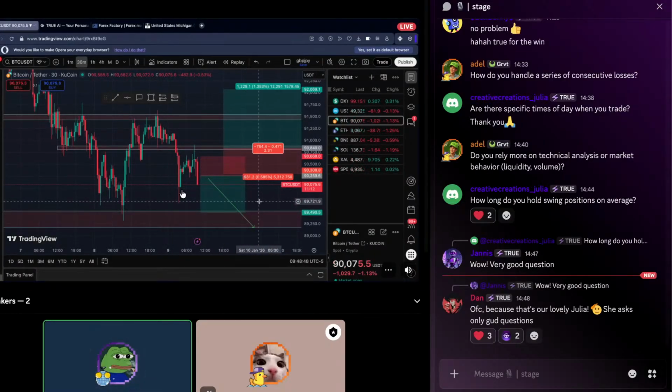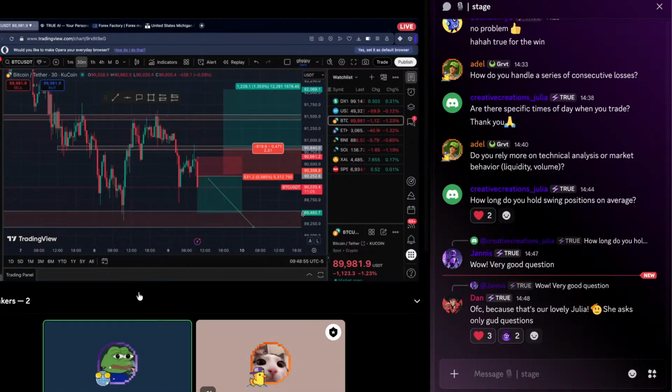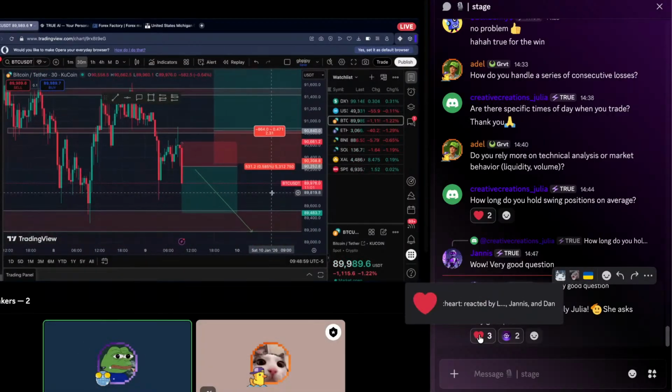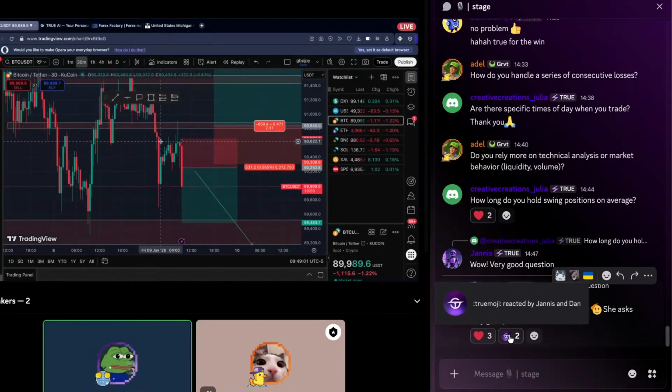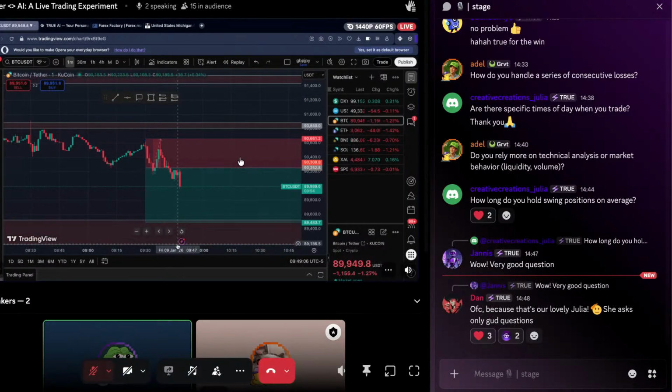For me, this trade isn't even worth it because it doesn't meet my parameters of 1 to 3 risk to reward. But if someone else wants to take a scalp, then it could work. This is a quick scalp. It's already playing out. Price came, it retested, and we're moving lower.